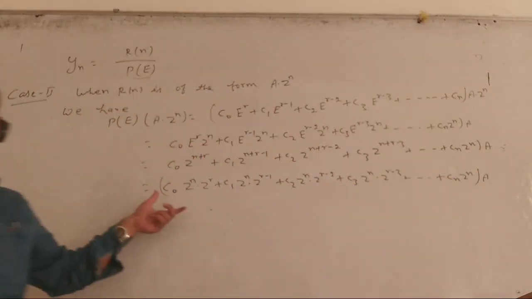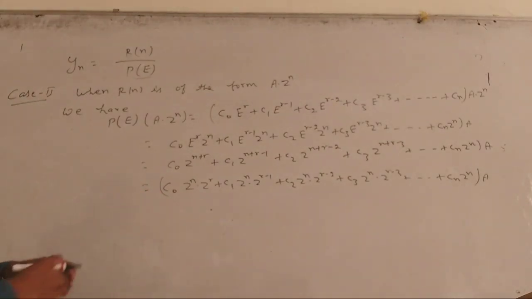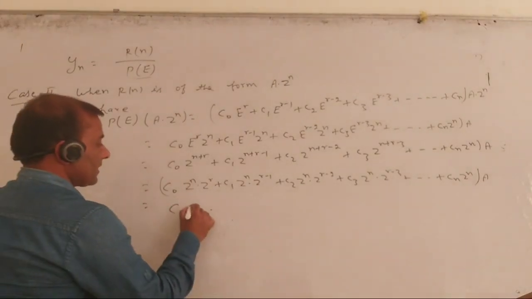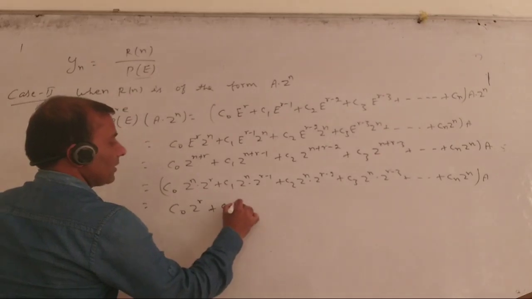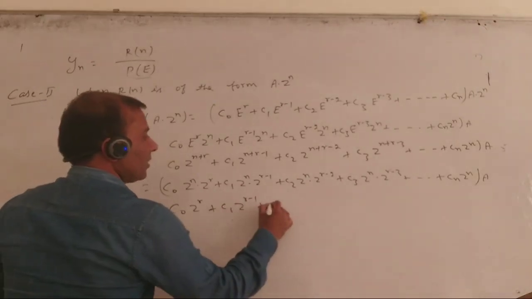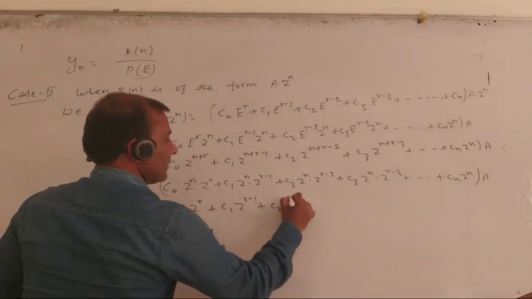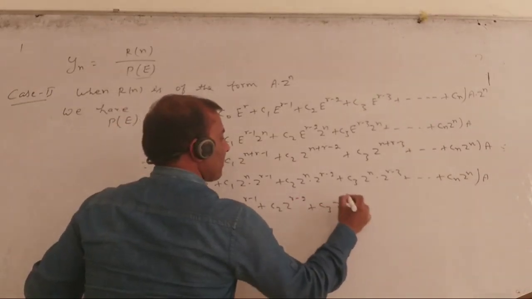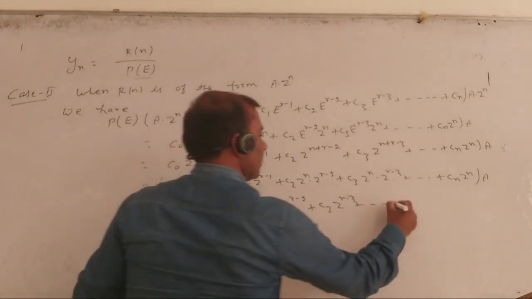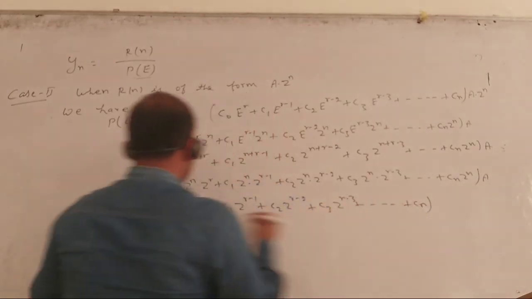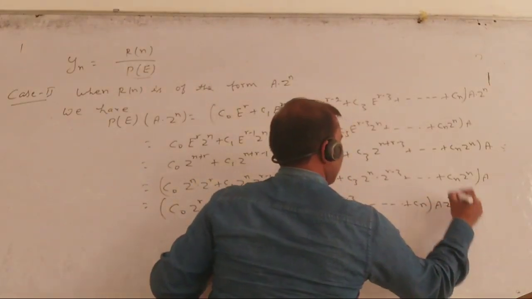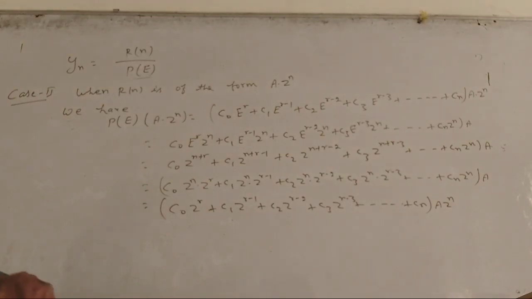Now we can take Z^n as common, so we have C0 Z^r plus C1 Z^(r-1) plus C2 Z^(r-2) plus C3 Z^(r-3) and so on up to plus Cn into A into Z^n, because we have taken Z^n common from here.